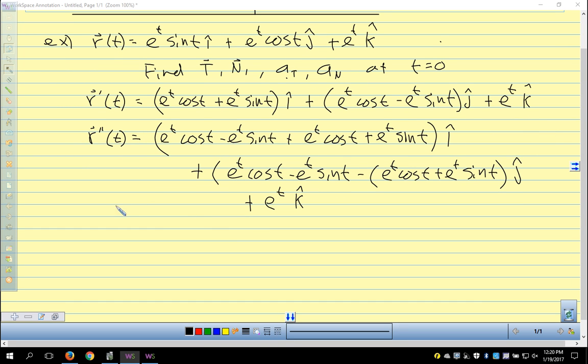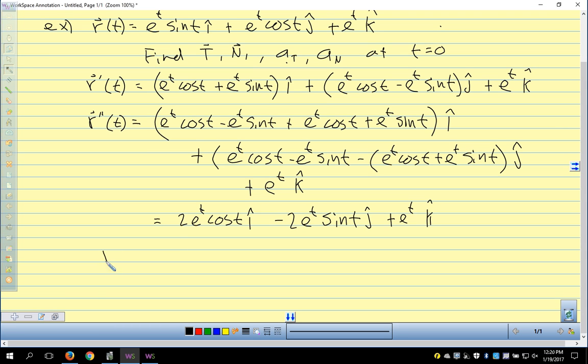And I can simplify this, so I'm going to say this simplifies to, after a little bit of work, 2 e to the t cosine t i hat minus 2 e to the t sine t j hat plus e to the t k hat.